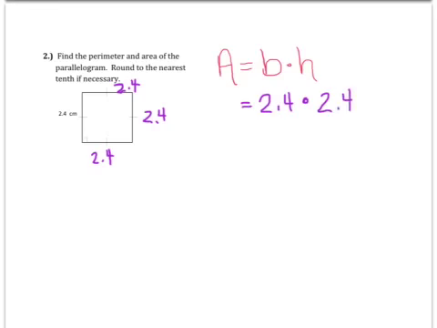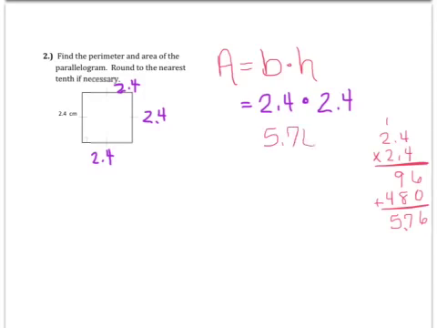That's going to be our area, so I'll work that out. Okay, so multiplying it out gives us 5.76 centimeters squared, but the directions say round to the nearest tenth, so it would actually be 5.8 centimeters squared would be the area.